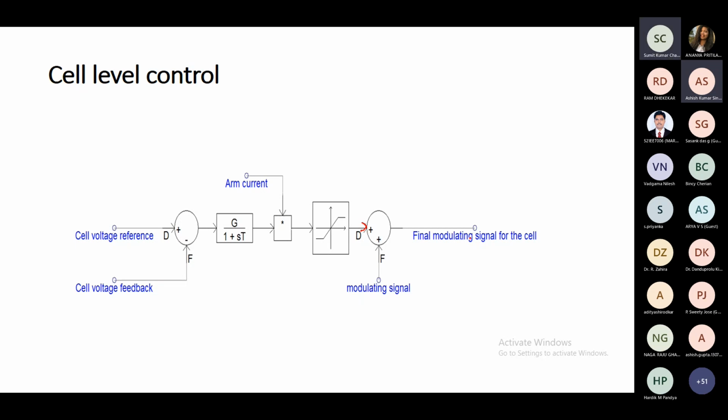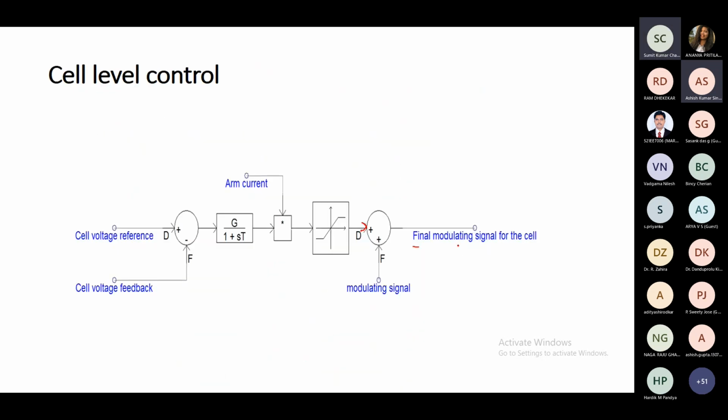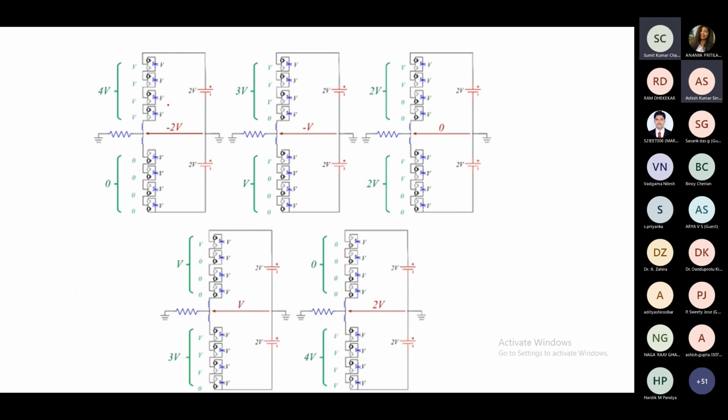You may interestingly ask here that in such a case, the total modulating signal is going to differ from the original modulating signal. But what I am adding will not change the final output voltage. Why? Because of the amount of deviation from each other: if on one side it is positive, on the other side it has to be negative.